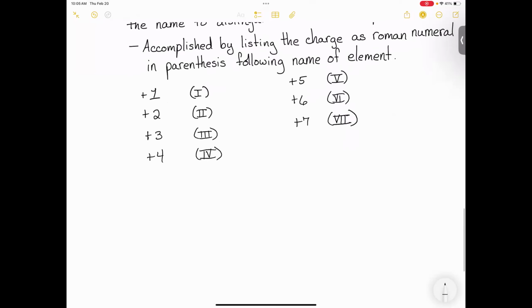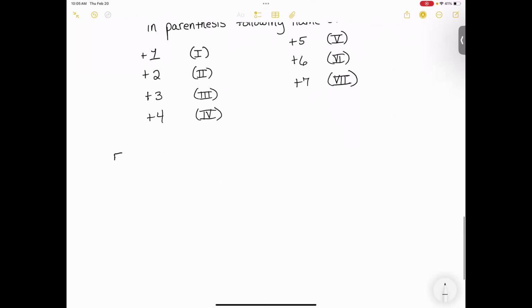So let's just go back to iron 2+ and iron 3+. If I name iron 2+, it's going to be iron(II), so that I can distinguish it from iron(III). And gold(I) is going to be different than gold(III).